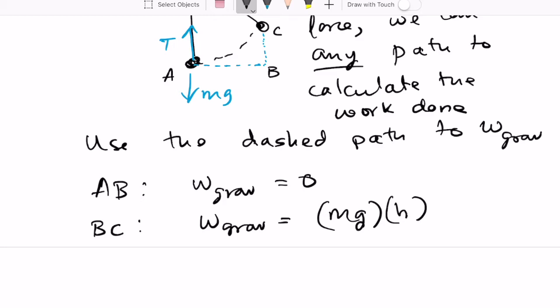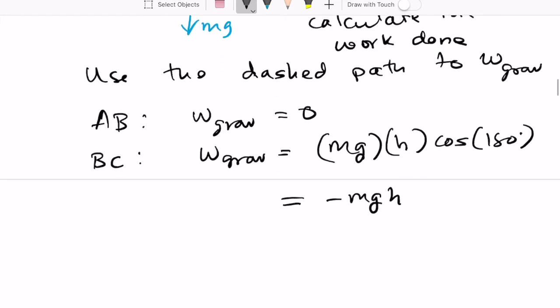That's actually what we are looking for in this problem. And what is the angle between the force and the displacement? Well, the force is downwards, the displacement is upwards. So the angle between them is 180 degrees. Cosine 180 degrees is -1. So work done by gravity is minus mgh, right?